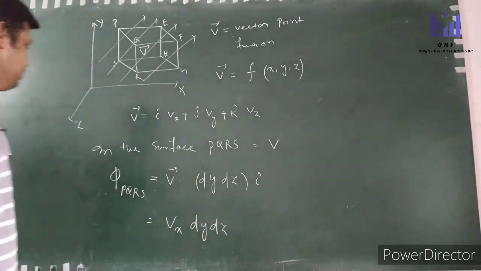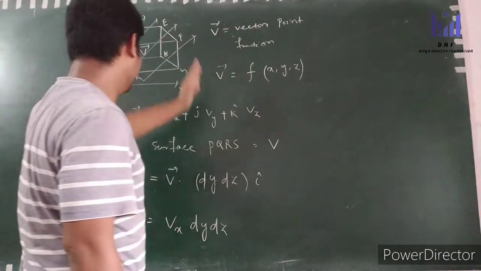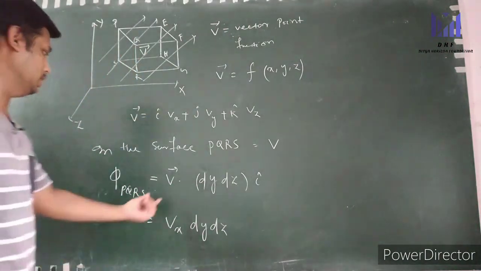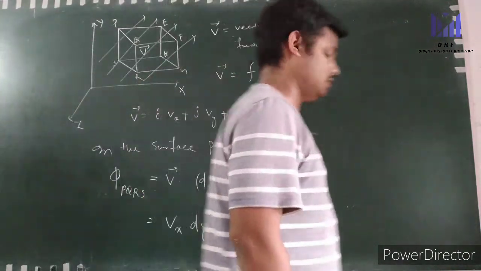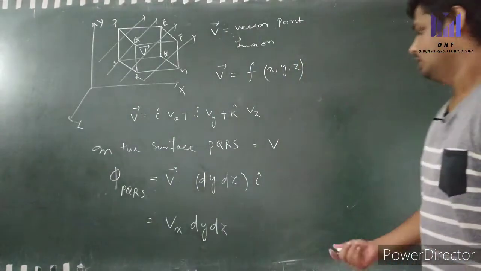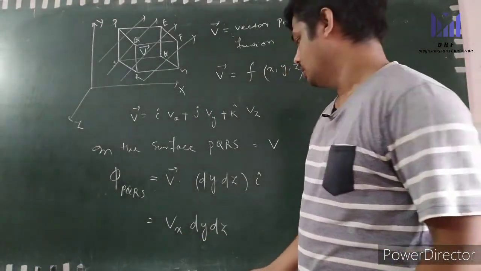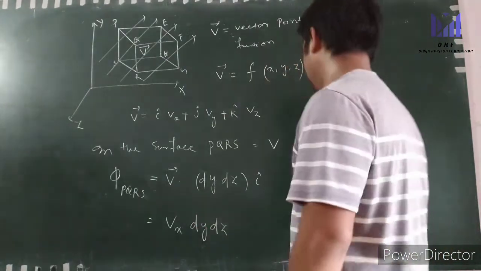So the flux is Vx dy dz. And if we go in the x direction, the value of the vector field will surely change. It may decrease or increase, but the value will definitely vary.